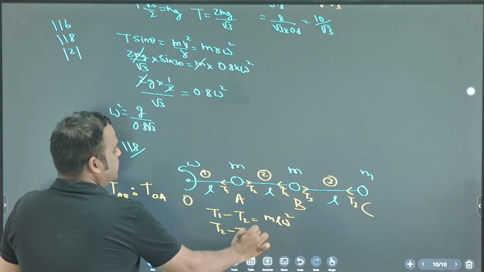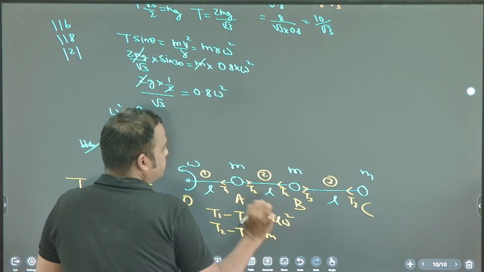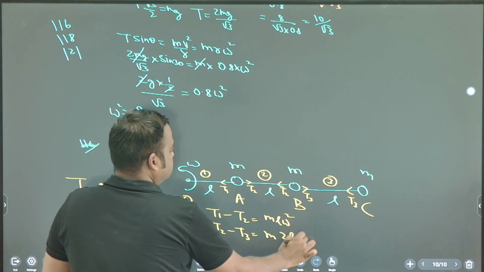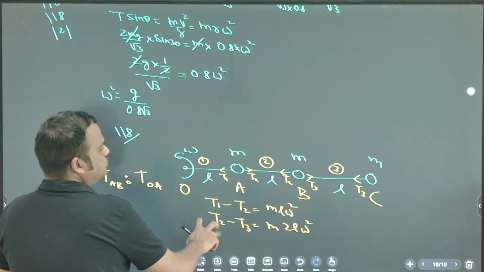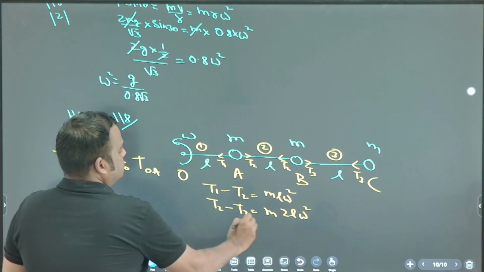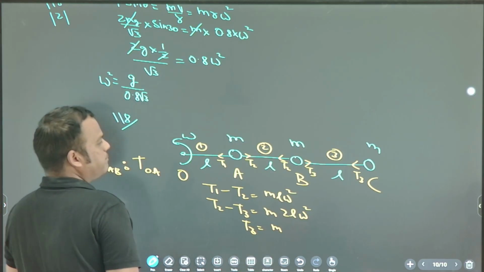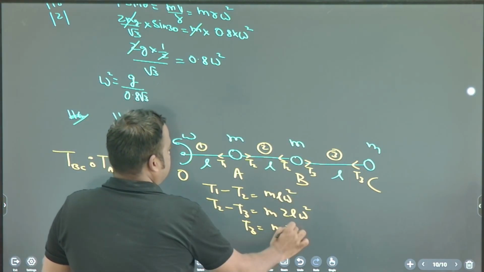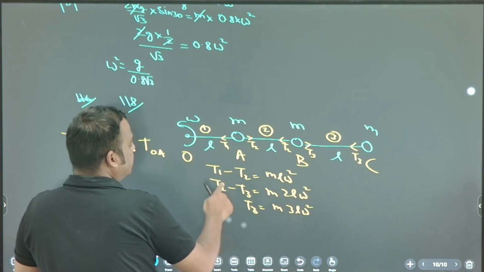Now come to this B. T2 minus T3 is M 2L omega square. Very good. Now this T3 is equal to M 3L omega square. Okay, T3 you got. Now calculate T2.